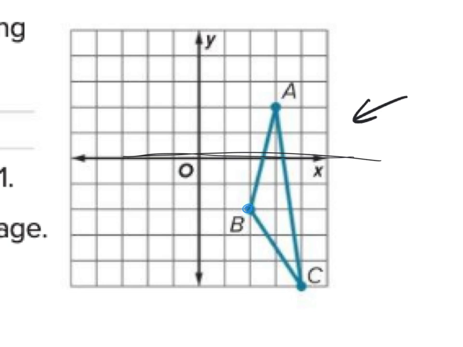B is 2 away, so B prime is going to be 2 away. A is 2 away, so A prime is going to be 2 away. C is 5 away from my line of reflection, so I will come up here to 5 away from my line of reflection. And honestly, with practice we'll get better at it, but there's my reflected image.